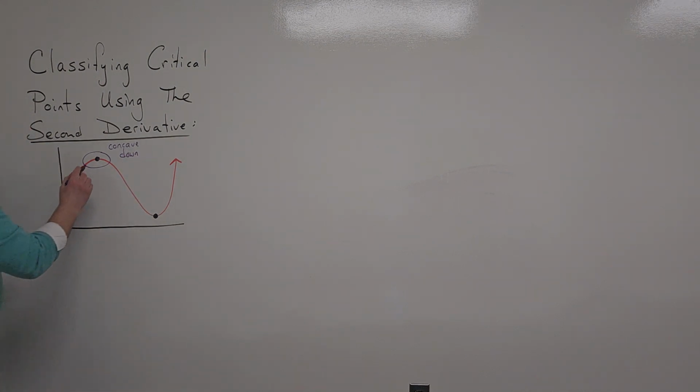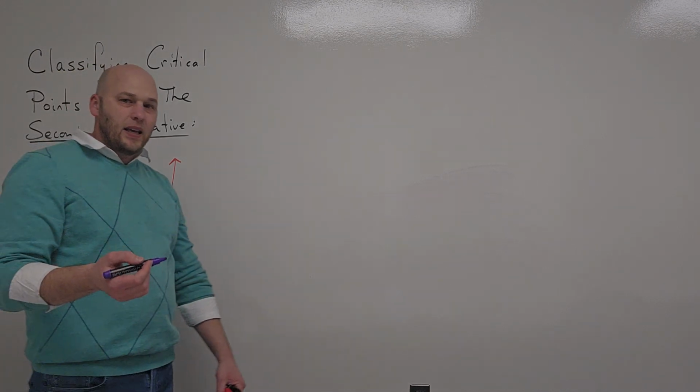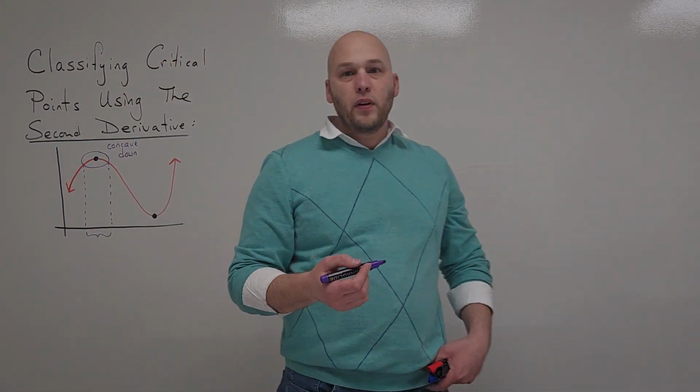In other words, for the entire graph on the interval to the left and to the right of that critical point, that's concave down. And remember what that means is if the function is concave down, the second derivative is negative.